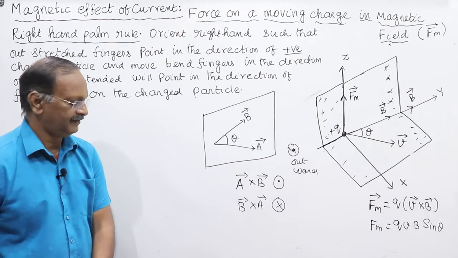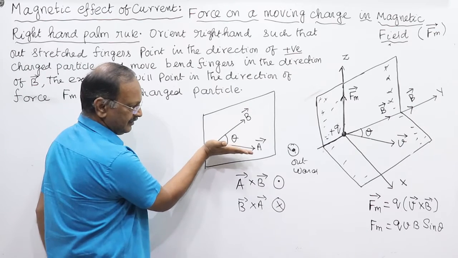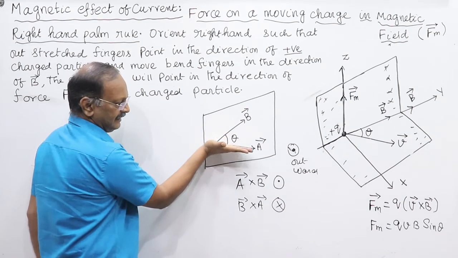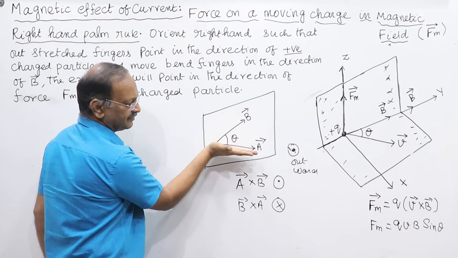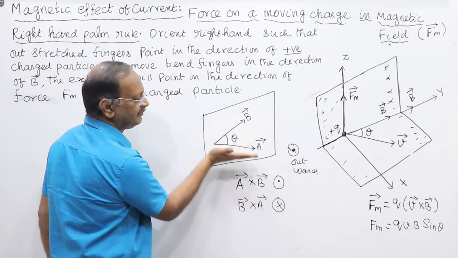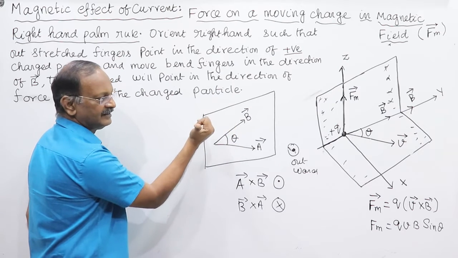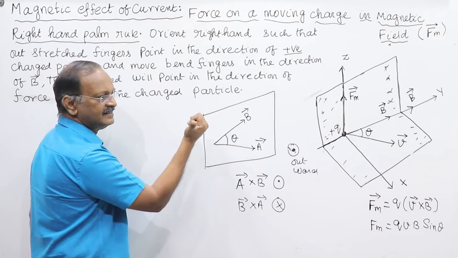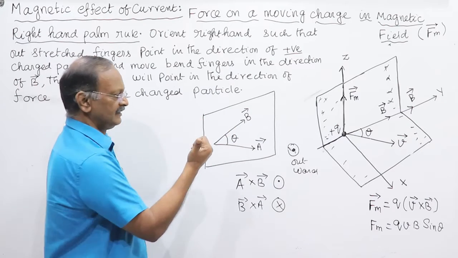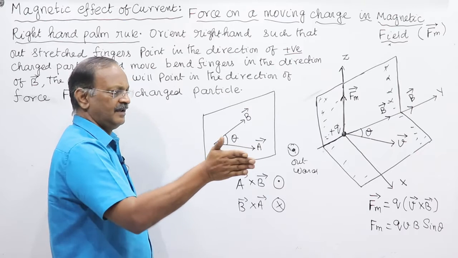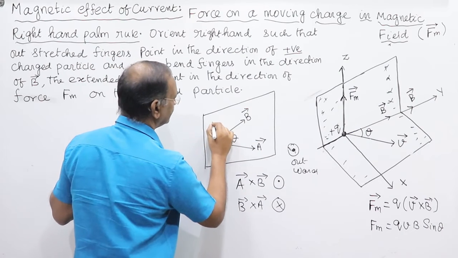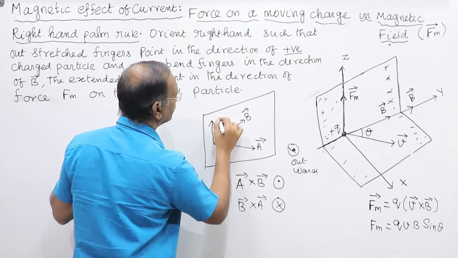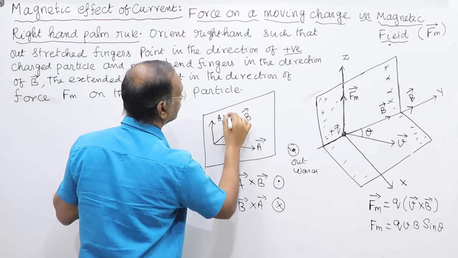From A to B, we keep the right hand palm like this and orient it in such a way that the fingers can be moved. So we are going from A to B in this direction, and the stretched finger is in this direction. So if we keep A like this and B, it is in the upward direction. That is A cross B.